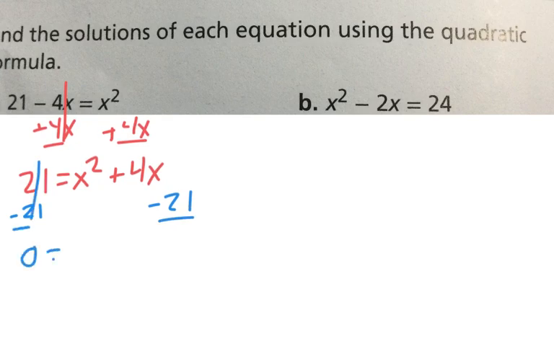So now I've got 0 equals x squared plus 4x minus 21. And now I would plug those into the quadratic formula to find the x-intercepts.